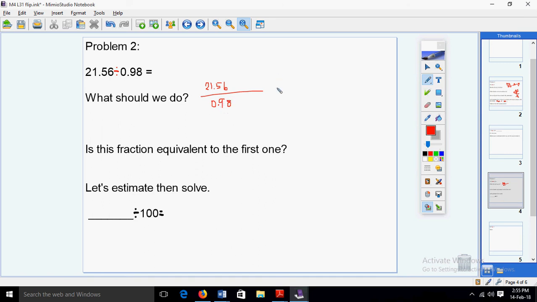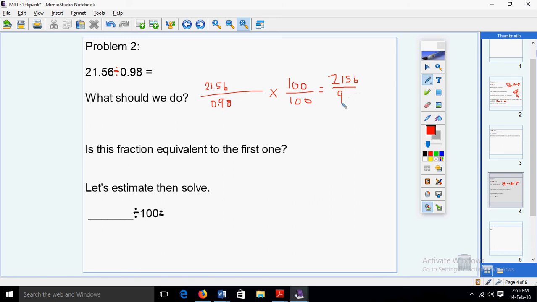Since it is hundredths, we're going to multiply by 100 over 100. Then I'm going to end up with this pretty big number, 2,156 over 98.